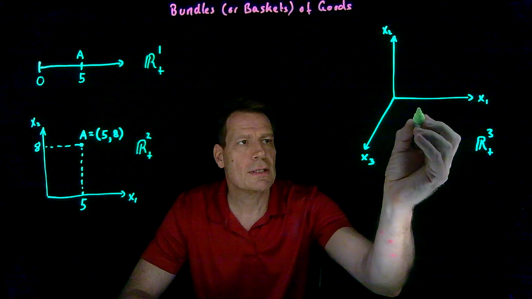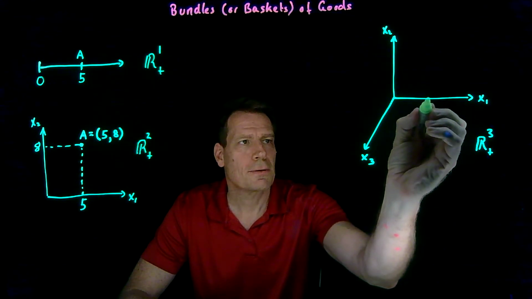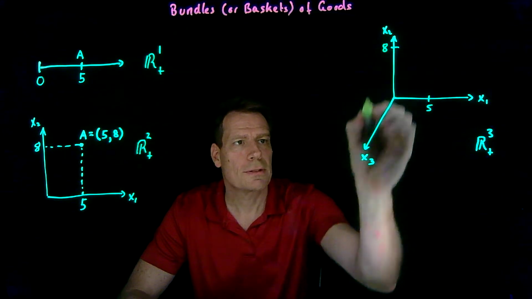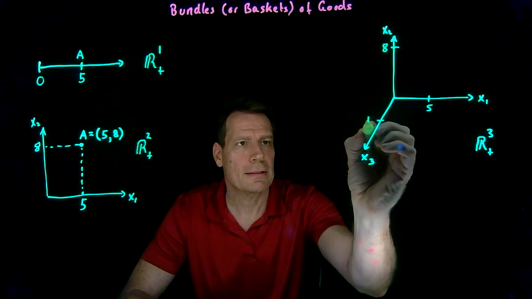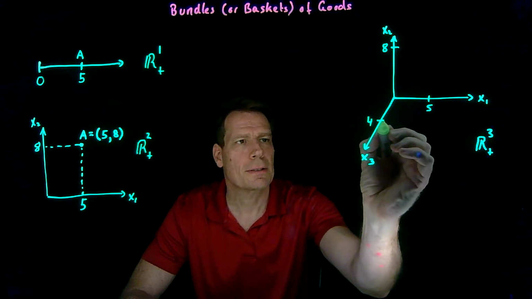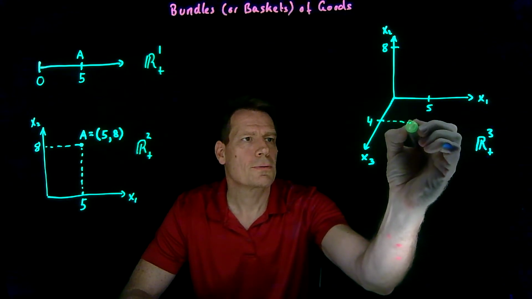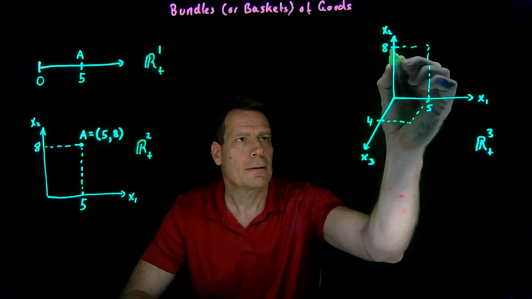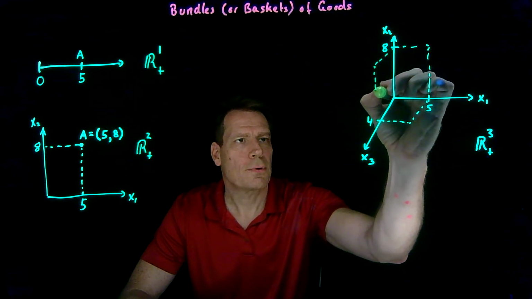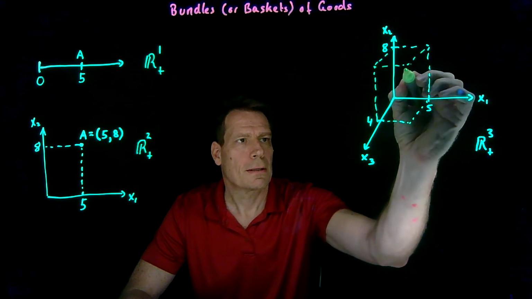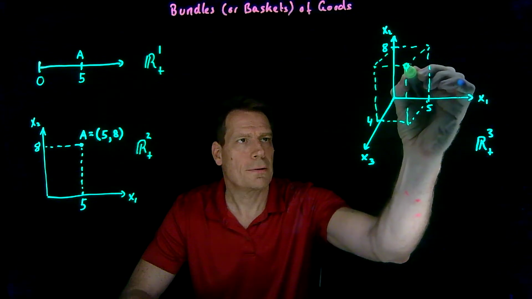And if we wanted to see where the basket lies that contains 5 apples and 8 oranges and maybe 4 bananas, we could picture it as hovering in that space. We can picture it by sort of drawing a little box here and seeing where that point lies. It would lie right here.